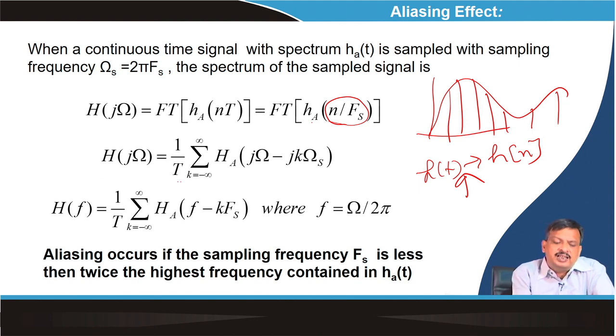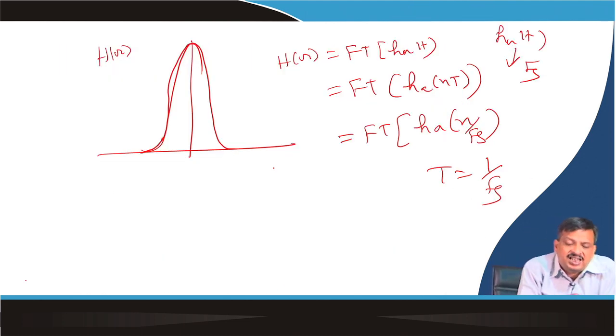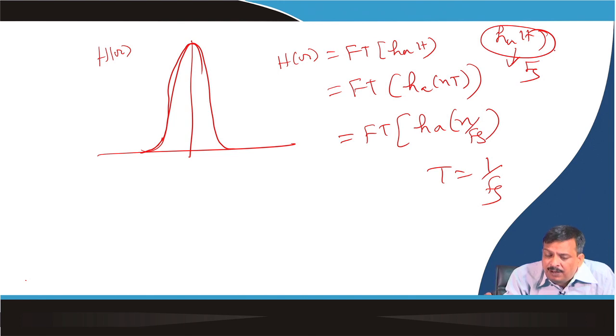This is nothing but 1 by T times the sum of terms in j omega minus j k omega s, k equal to minus infinity to infinity. So what is happening physically? How do I do sampling? Basically, I am multiplying this signal with an impulse train whose frequency is Fs.